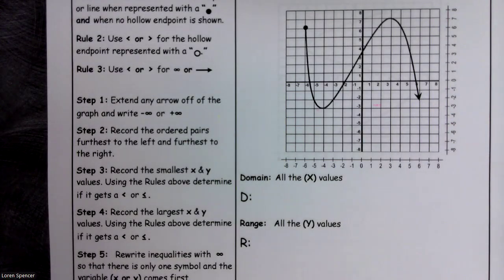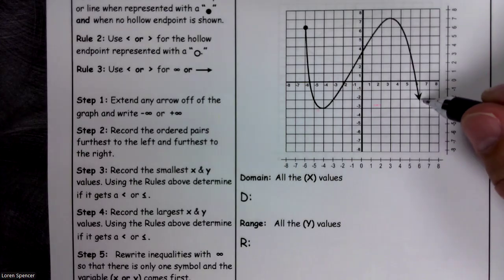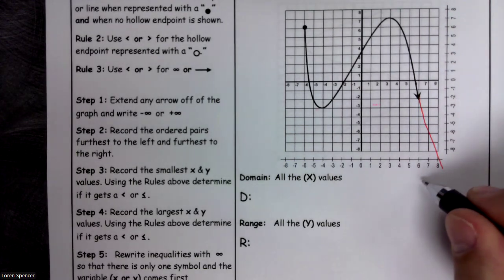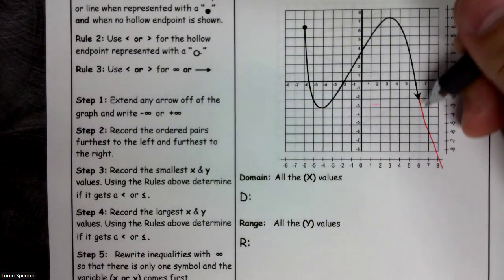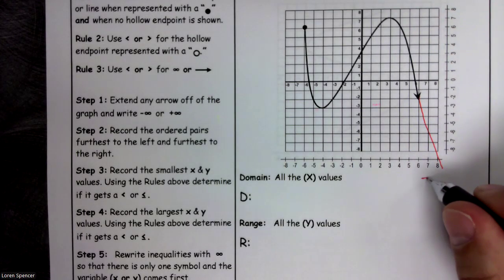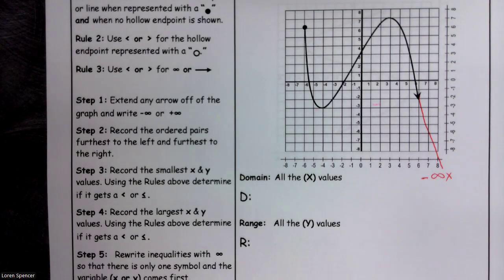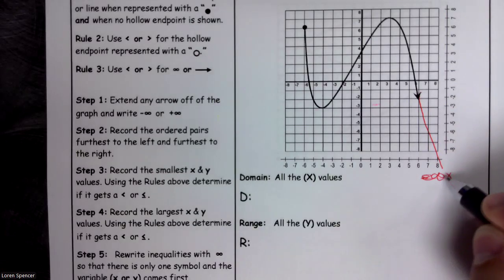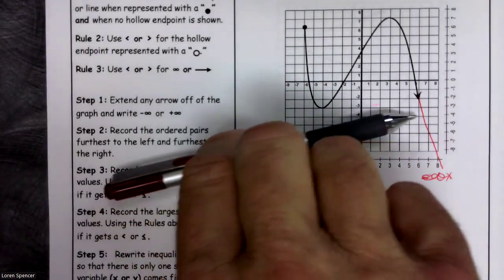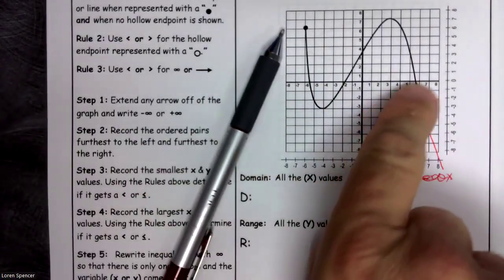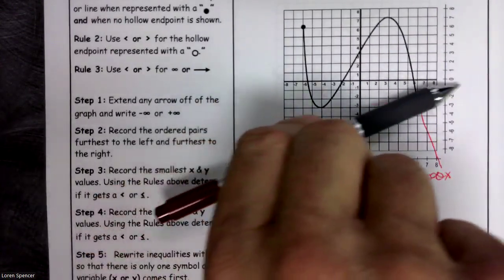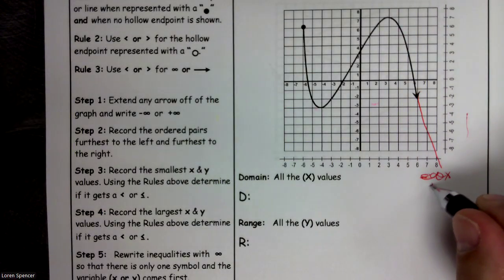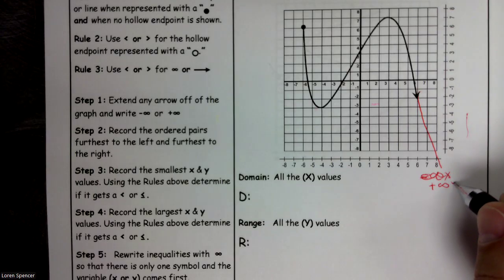By the way, the very first thing I want you to do whenever you see an arrow is extend it off the graph. Extending it off the graph, in the x direction it's going forever to the right, so x goes to positive infinity.